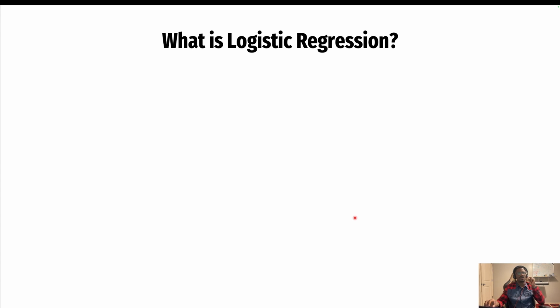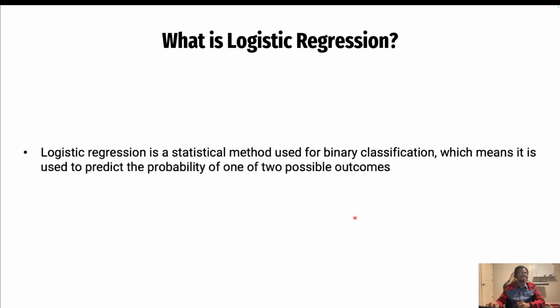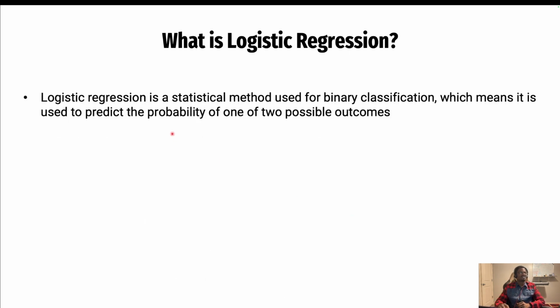So what is logistic regression? We defined linear regression: one input, one output, right? We defined multiple regression: multiple inputs, one output, but they are all linear. So now what is logistic regression? Logistic regression is a statistical model, or method.